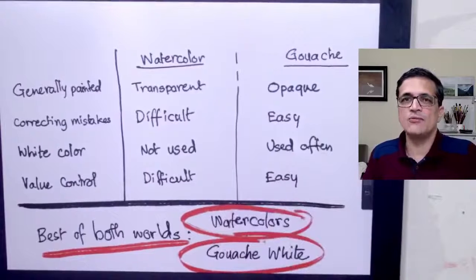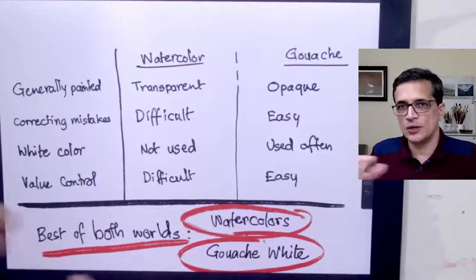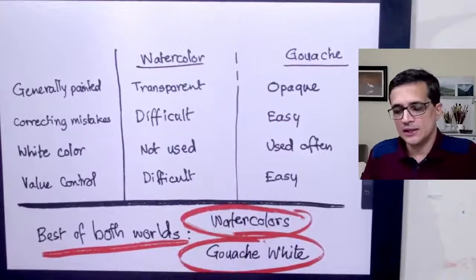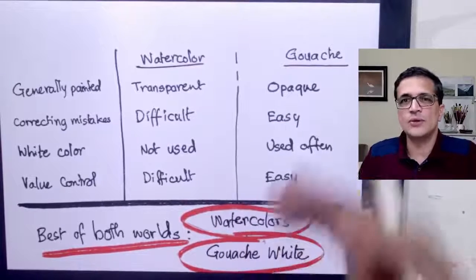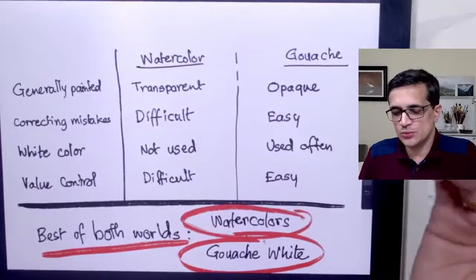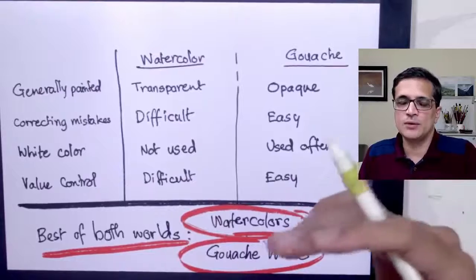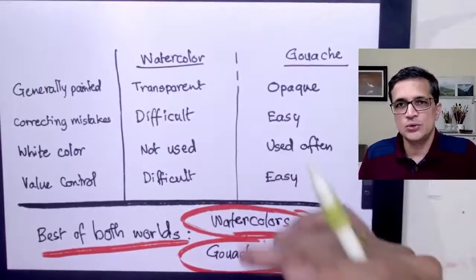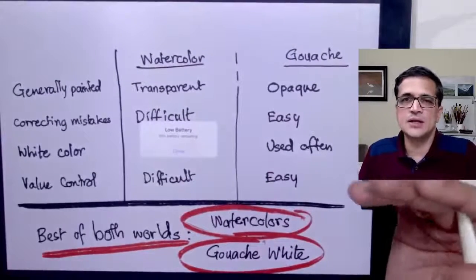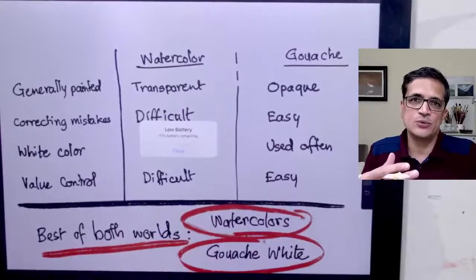And whenever I want a very transparent look for the painting or a particular area, I use the watercolors without any gouache in them. That's how I get the best of both worlds. You won't know the difference unless you try both independently, so I request you to try both.